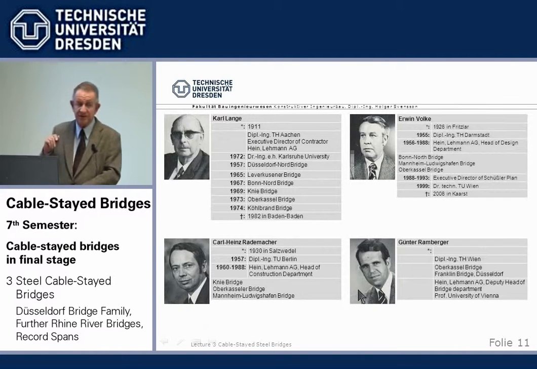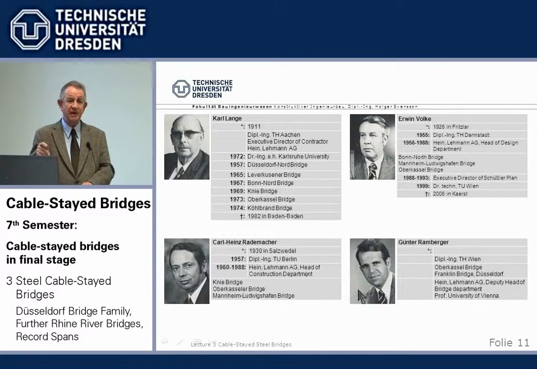And now we do not want to forget what has the same importance. And those are the contractors who have to build these things we engineers think up. And there we had at that time an outstanding steel contractor, Hein Lehmann, probably in its sophisticated ways the best in the world.